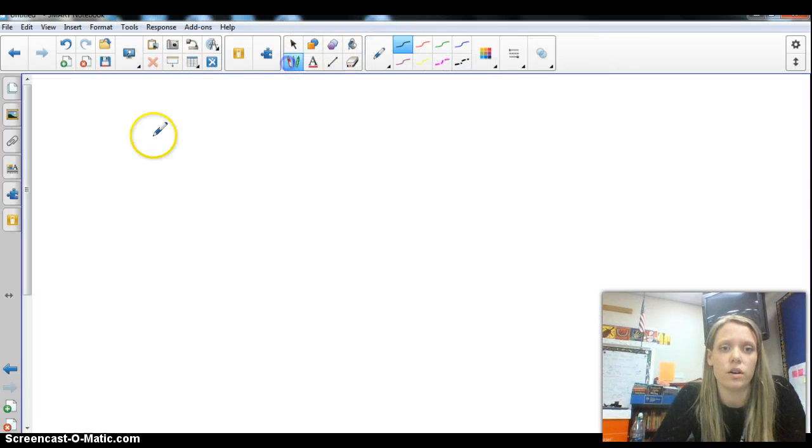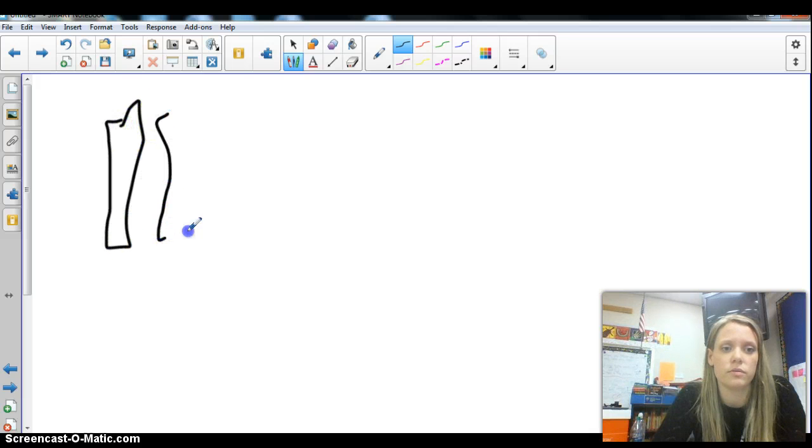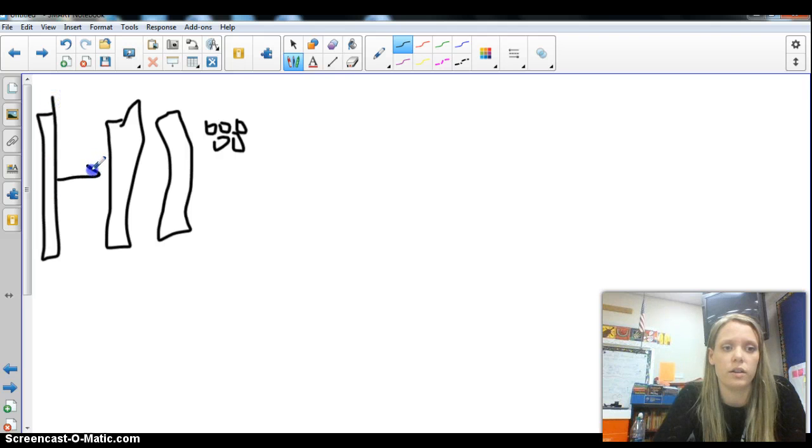So if I wanted to draw rods and cubes, I would draw 2 rods and 5 cubes to get 25. To show 10 more, I want to add another rod and draw my little arrow, and now I have 35. But remember, you already know how to do that part.